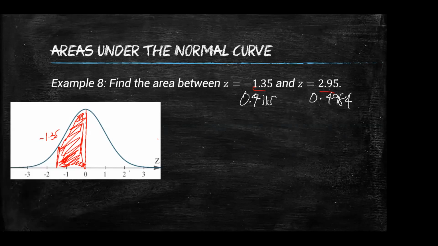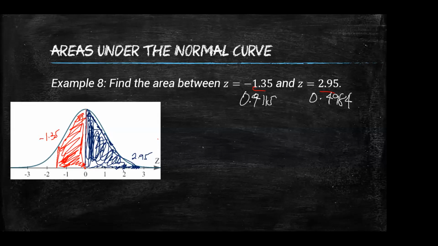Okay? Ngayon po, hanapin natin si 2.95, which is more probably here. 2.95. Yung area niya, which is 4984, is from 0 papunta doon kung saan napunta si 2.95. So, yan. So, from here, papuntang 0 or vice versa. Yan yung area niya. Okay, hindi na ako maglalagay ng yellow. Mukha na siyang Philippine flag.